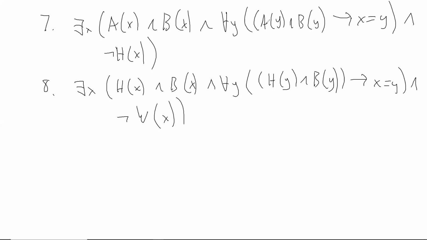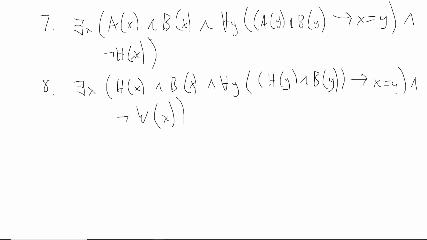So for example, when you're saying the horse or the animal or the anything, it's this kind of pattern, right? You need to say that there is something that has that property as the first bit. Then there's the second bit, you say that's the only thing that has that property. And then you go on and specify whatever other things the sentence requires. So that's one pattern that you should be familiar with.